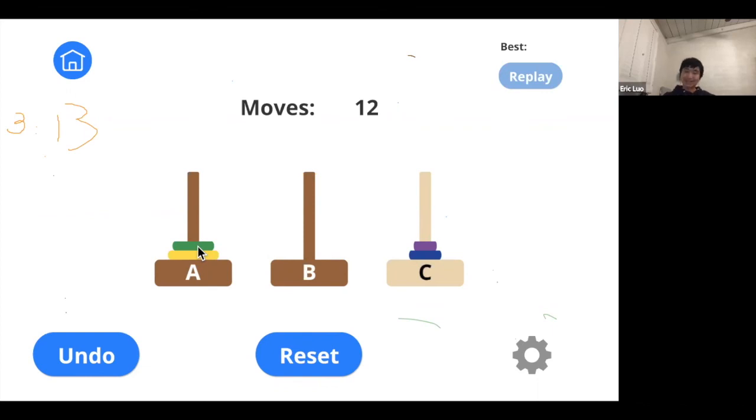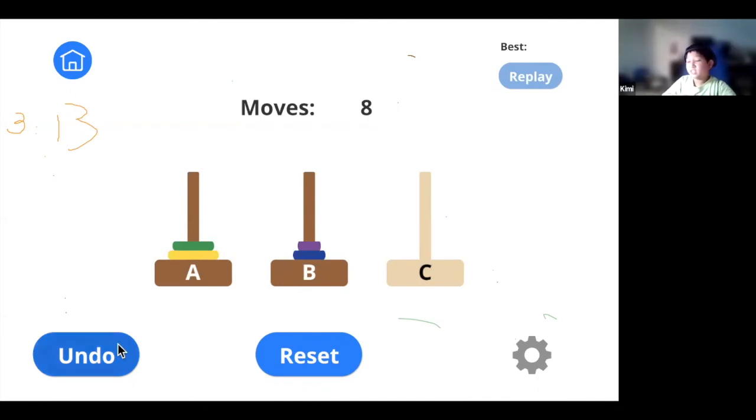Oh, okay, I'm stumped. So why don't we actually go with 3, remember? If we first build a tower of 2 on A, and we move the green ring to C and build a tower of 2 on A, then we can actually finally move the green peg to B. So why don't we try that?